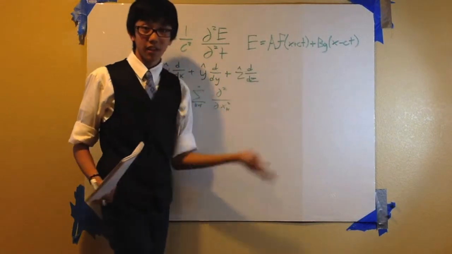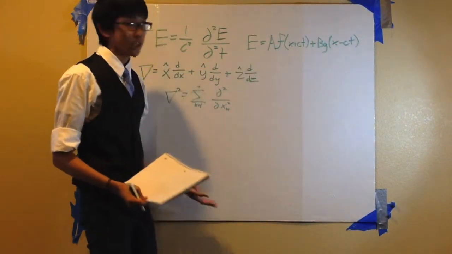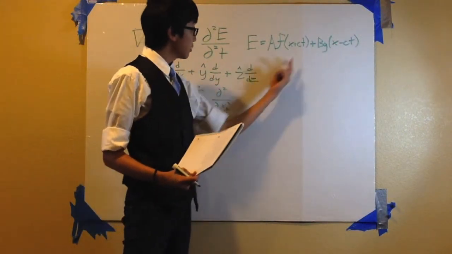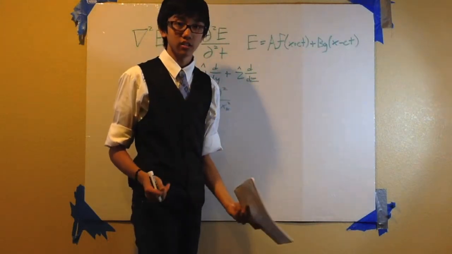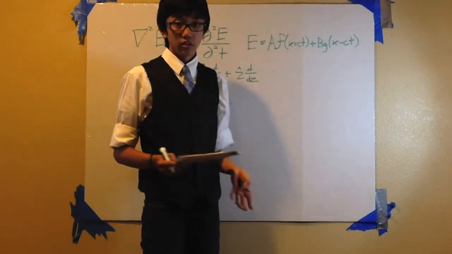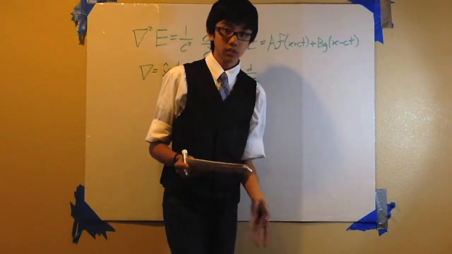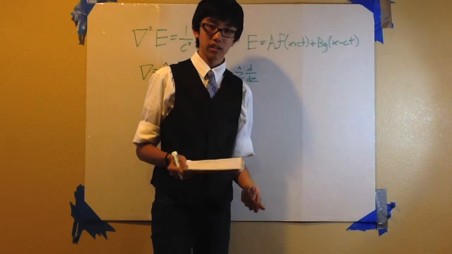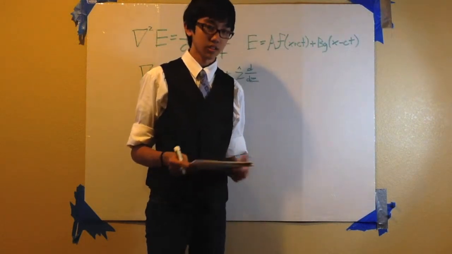Now, this may seem like a whole bunch of variables, but if you break it down, it's quite simple. A and B are your constants. They could be arbitrary, and you'll see why later. F and G are also functions, and they could be any function you want. And most likely, it would be a part of sine and cosine, and you'll see why later too.